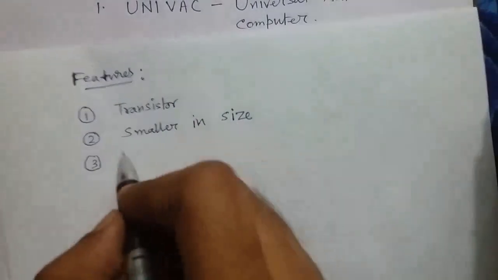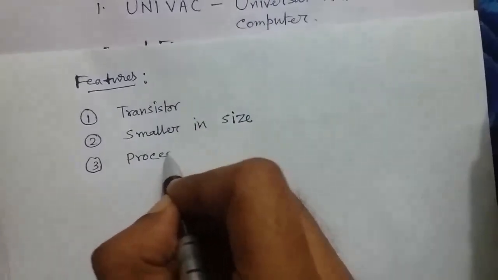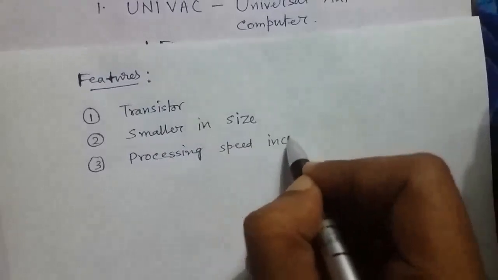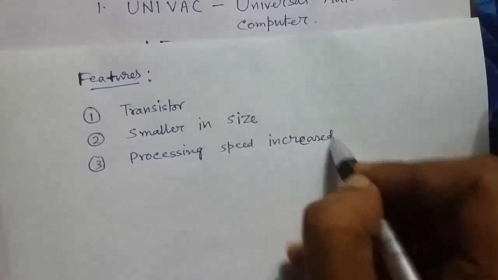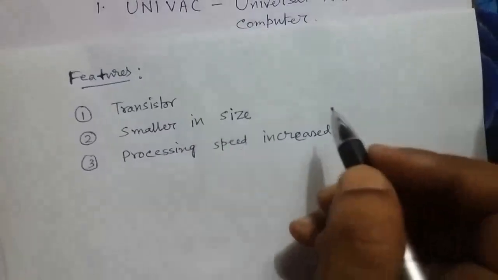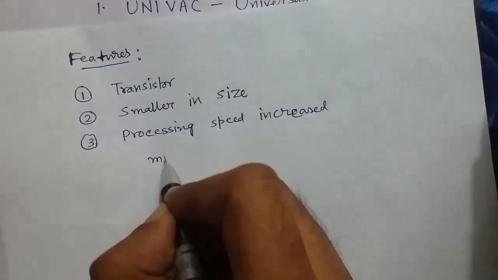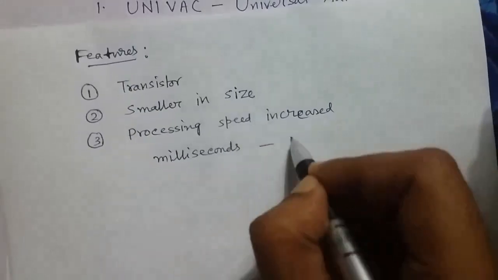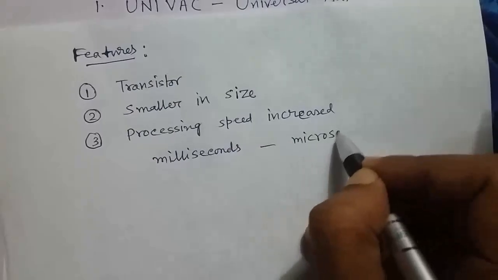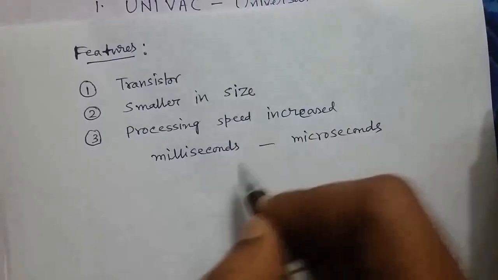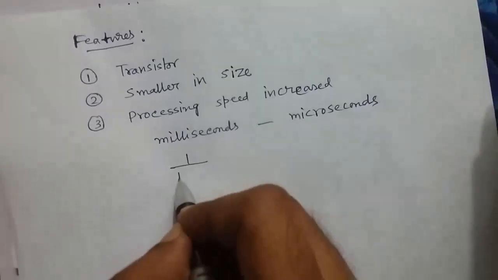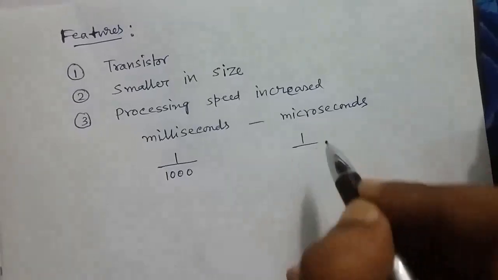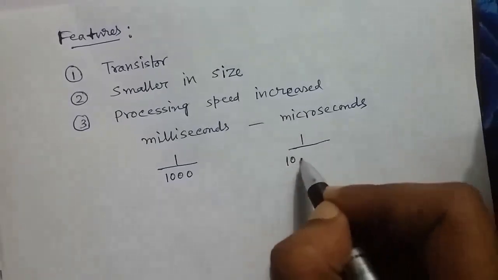And number 3, processing speed increased from milliseconds to microseconds. Milliseconds means 1/1000 seconds, and microsecond means 1/10 lakh seconds.